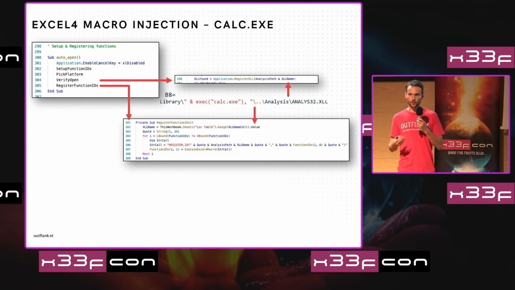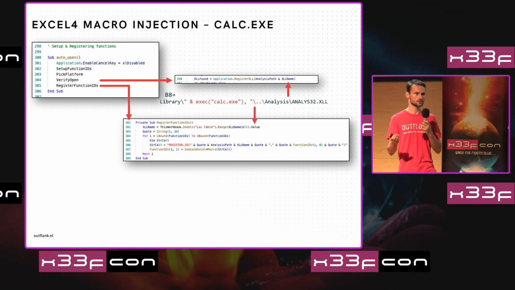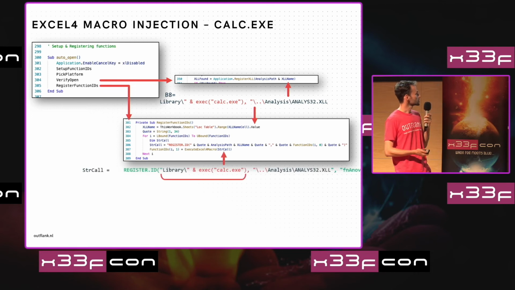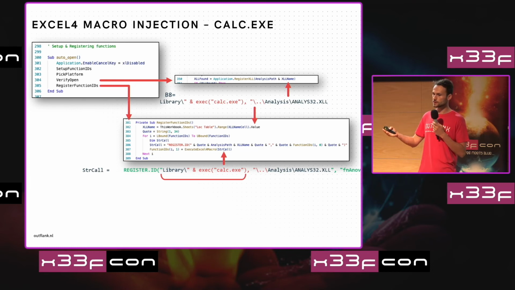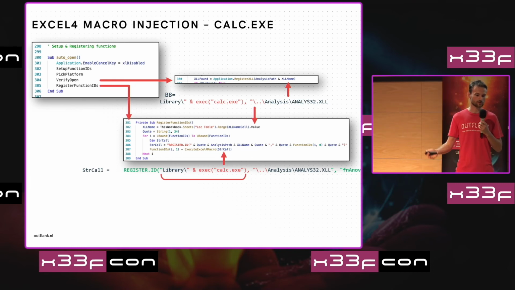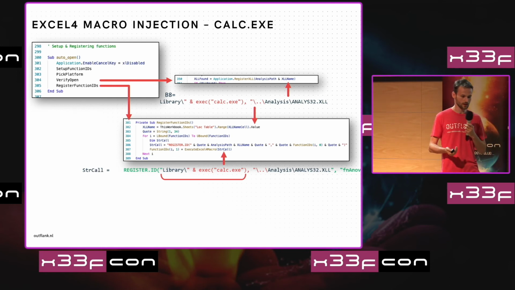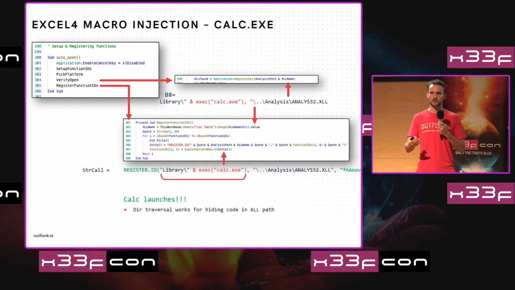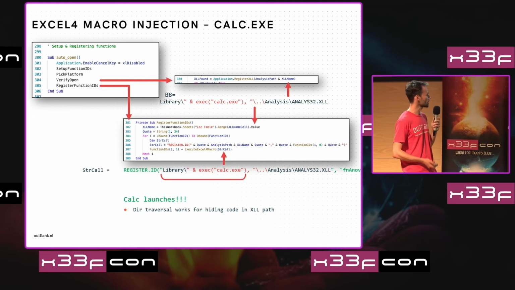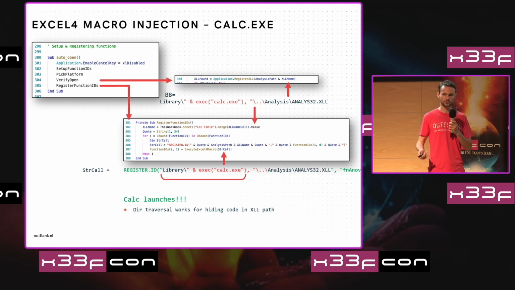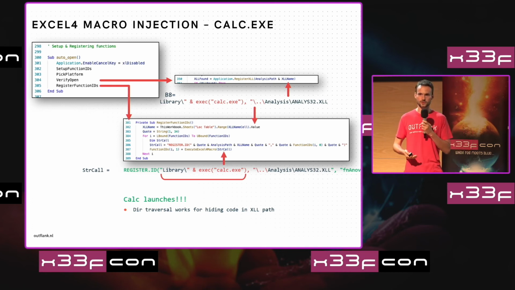Register XLL will perform path normalization and thus remove the code, ending up with a valid path. But register ID will execute the Excel4 macro, concatenating everything together as if it is a normal string and then feeding it to the function. We can escape the quotes and basically get code execution. So a new calculator window is opening. We learned we can put malicious code into a dir traversal.